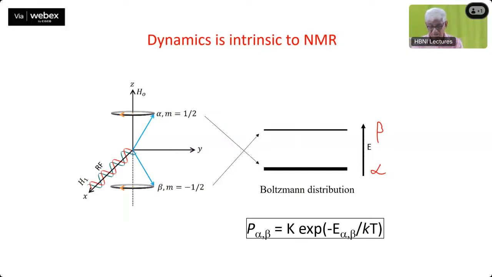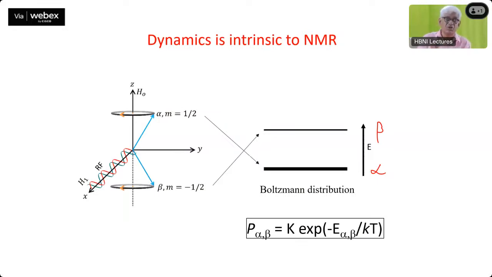The probability of the spin being in a particular state is given by this formula, which is dependent on the energy, E alpha beta divided by KT. The ratio of the populations is of course determined by delta E, the energy difference between these two, delta E by KT.